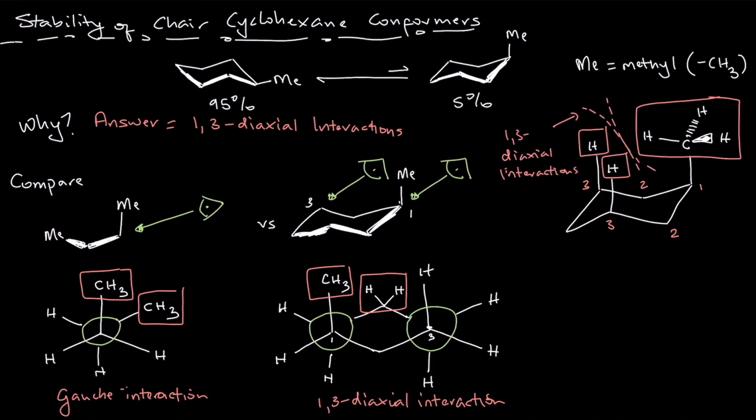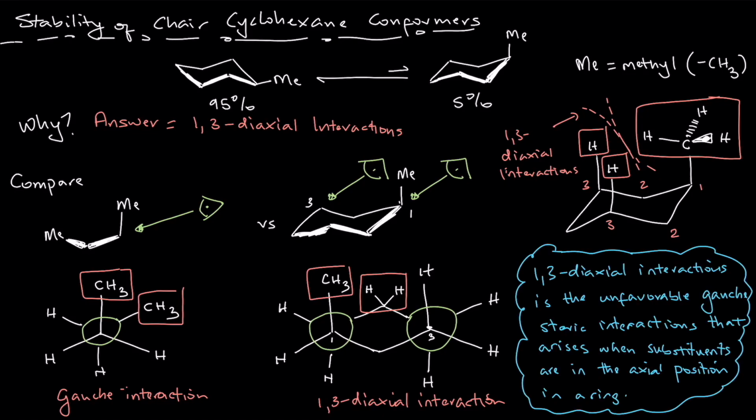So in pictorial form, it's that steric clash between the methyl group and those hydrogens that is considered 1,3 diaxial interactions. So whenever you have a group on the axial position, it can run into that interference with the other axial hydrogens 3 carbons away from that particular R group.